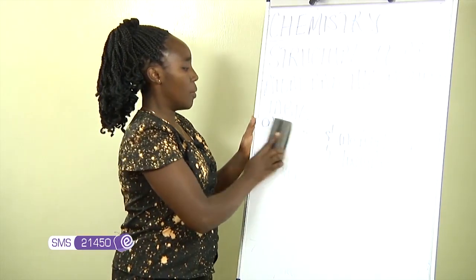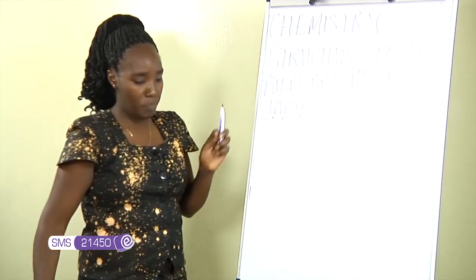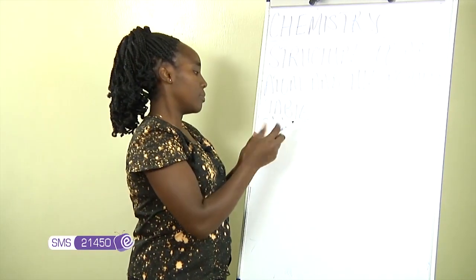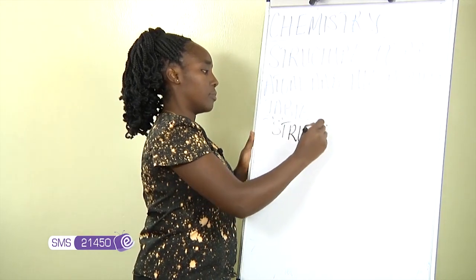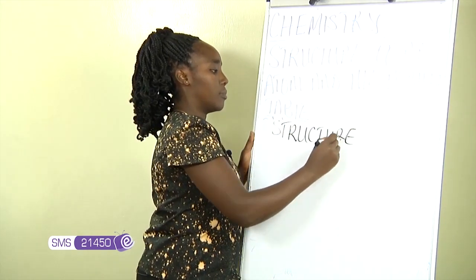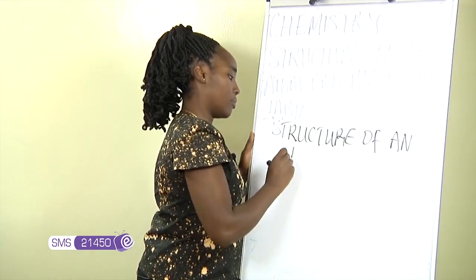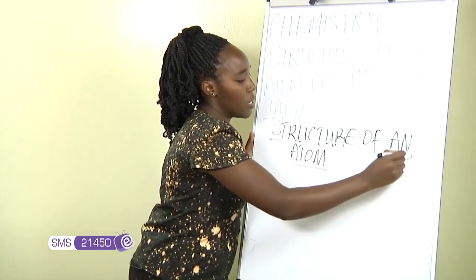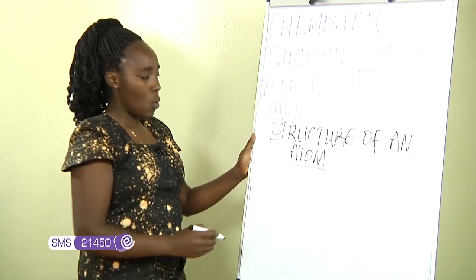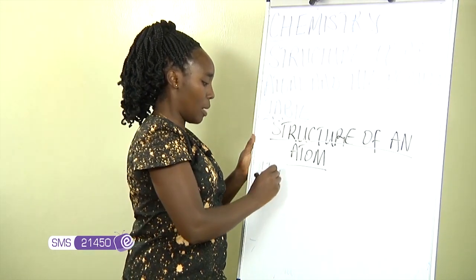Therefore, from there, we look at the structure of an atom. Before we look at what a structure of an atom is, we need to know what is actually this atom that we are talking about.